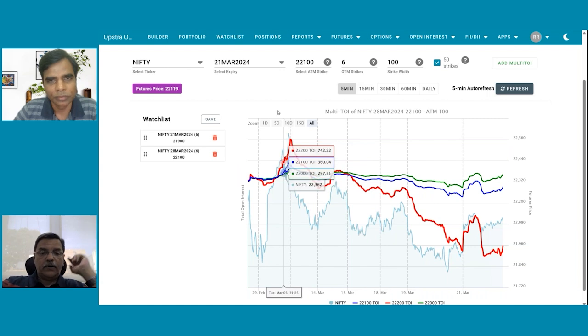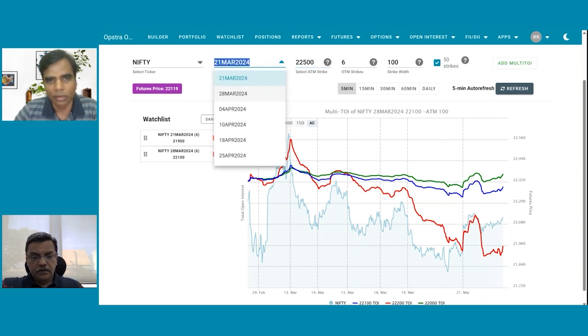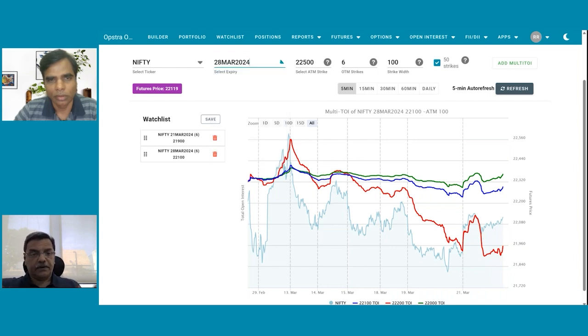Yeah, for that you will need to plot 22,500 as a base and 400 and 600. Okay, so 100 is the strike width, and yeah, 100 is okay. Let's choose 28 March perhaps. Yeah, because that was 13th March, so you will need to use 28th March.